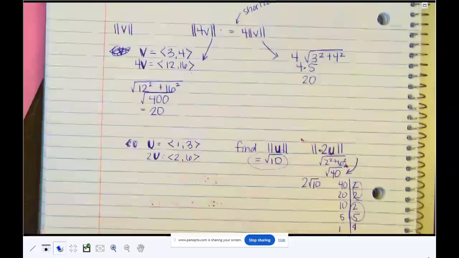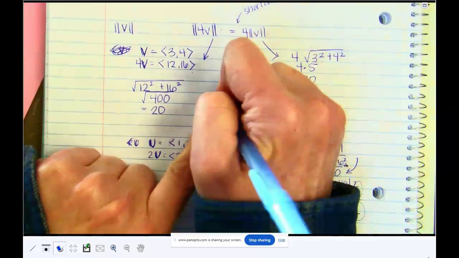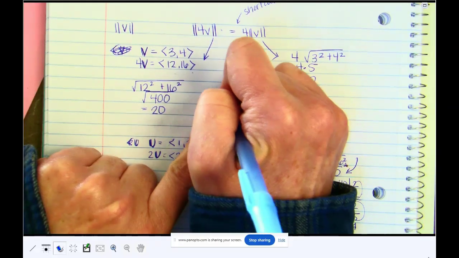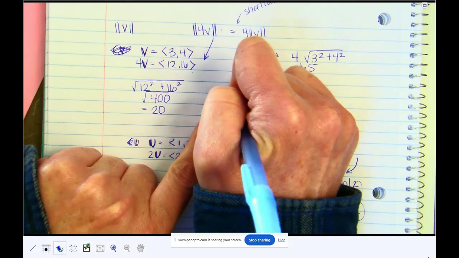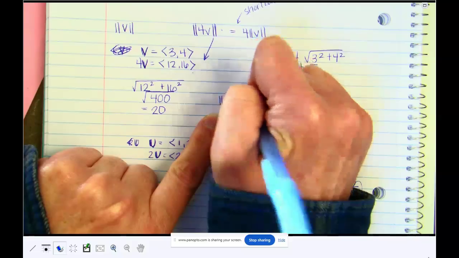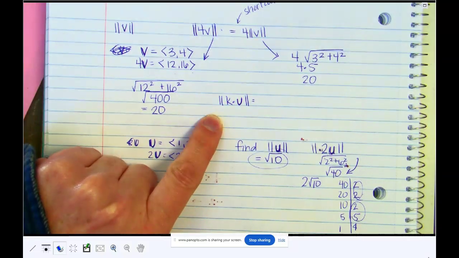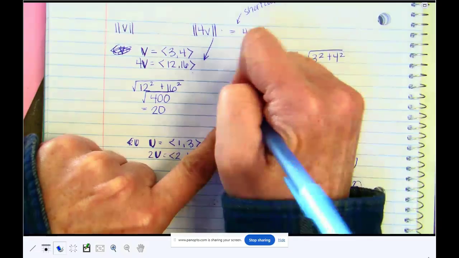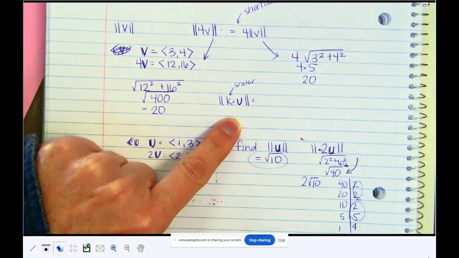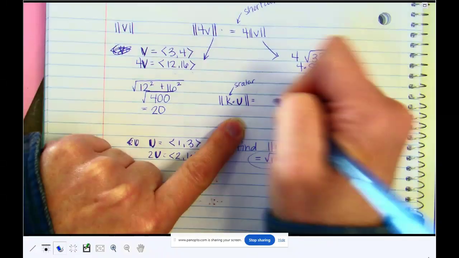It's significantly nicer. This is an important piece. This is a scalar, so we're talking about k times u and doing the magnitude of that.